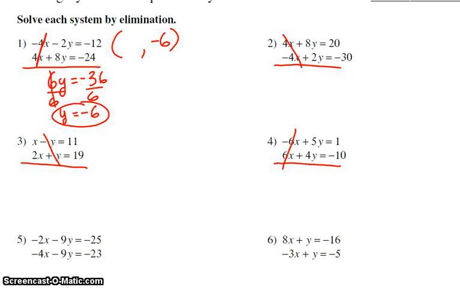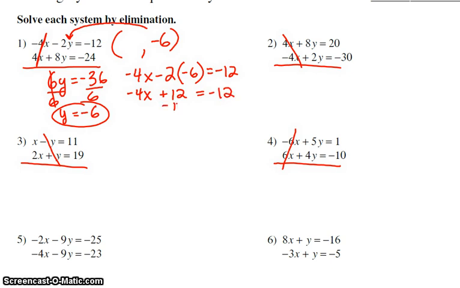Y is negative 6. Okay, we're going to take that negative 6 and plug it in for y in one of our equations. So I'll choose the first equation. So we have negative 4x minus 2y, and in this case y is negative 6, equals negative 12. Negative 4x. Negative 2 times negative 6 is positive 12, equals negative 12.